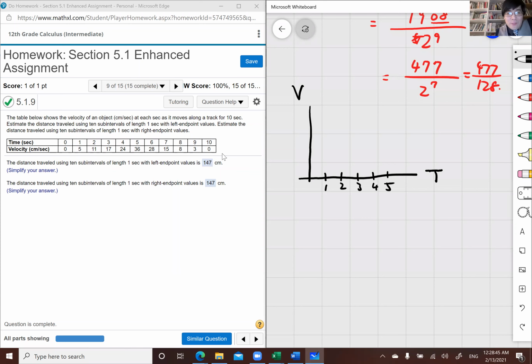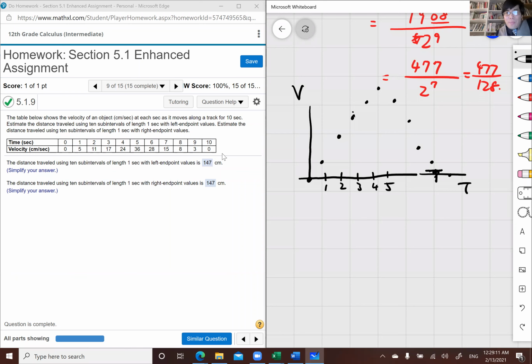At time 0, velocity is 0. At time 1, velocity is 5. Time 2 is 11. Time 3 is 17. Time 4 is 24. Time 5 is 36. Time 6 down. Time 7 down. Time 8 is 8. Time 9 is 3. And time 10 is 0. So that's something you know.